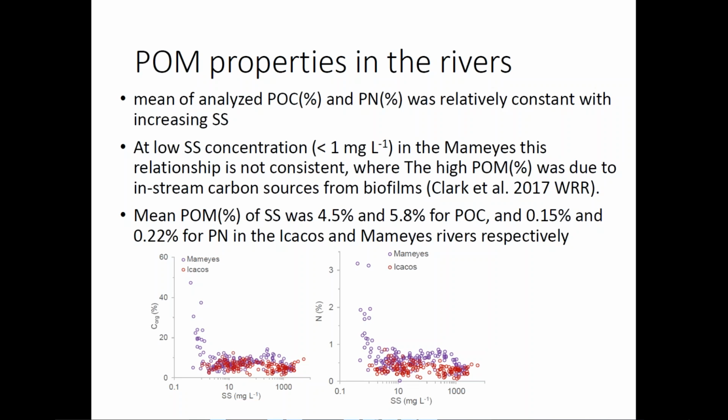For people that don't know too much about POC in rivers, we have 4.5% in the Acacos and 5.8% as a mean, and generally in world rivers we see about 2%. So that's quite interesting, and I'd be interested to hear what they think about this high carbon content or organic content.